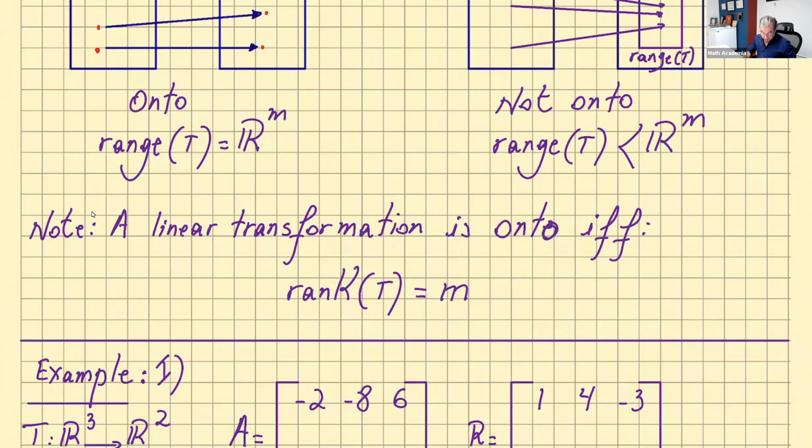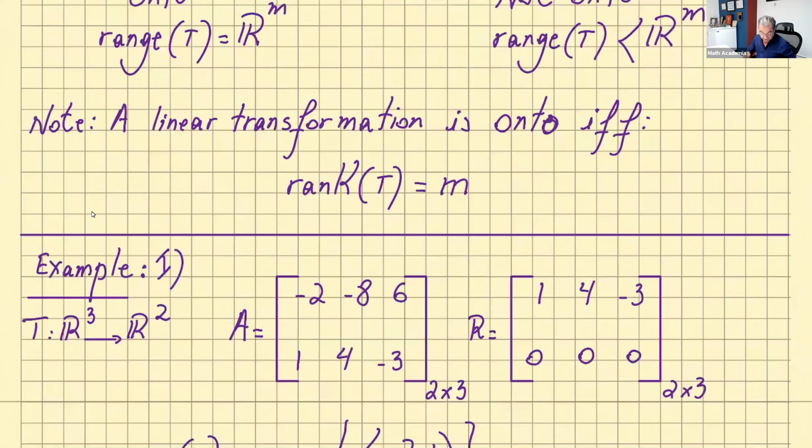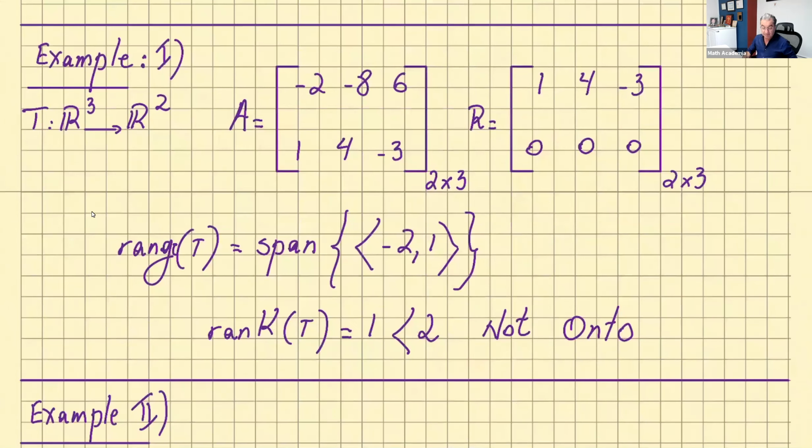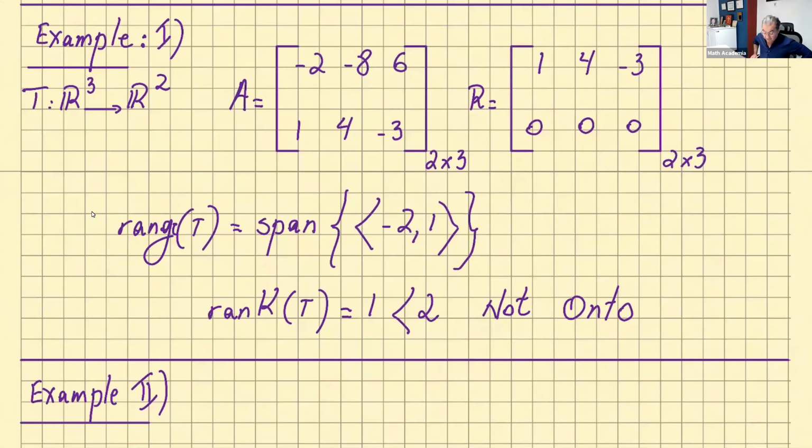So now how do you find the rank of T? Rank of T is the rank of the matrix, which is the number of vectors in the column space or the row space. In this case, we're going to just look at the column space. So we have a transformation from R3 to R2 here.